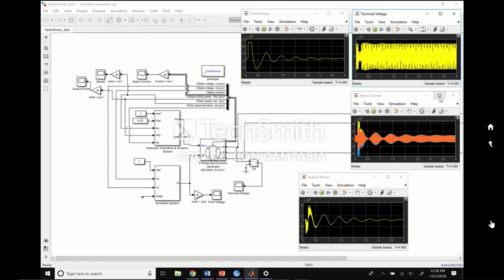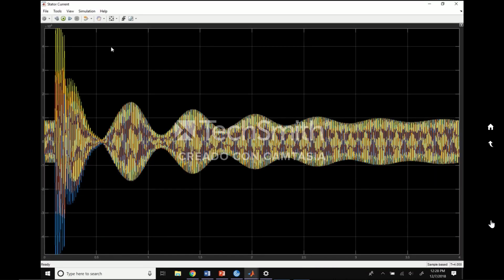And then next, for the stator current, we can see all 3 phases here, and at the initial startup, we see the reaction from the fault, which is a big spike, but it only lasts for a short duration of time before the 3 phases come back and stabilize at about 10,000 amps.